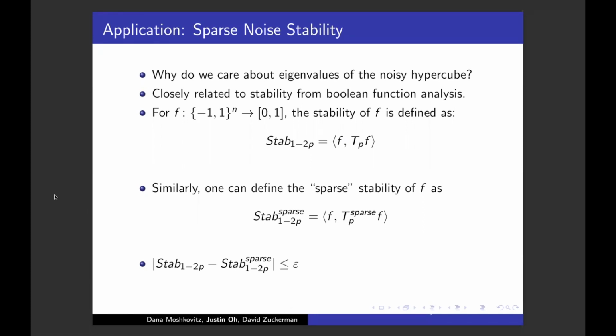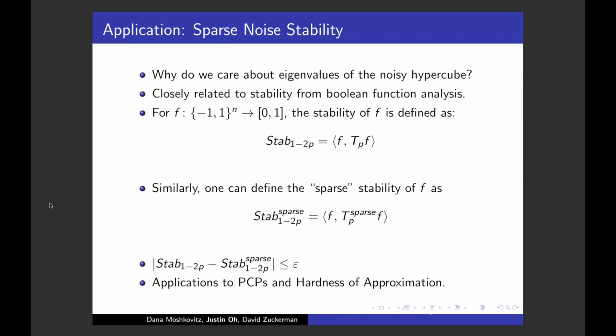And this notion of stability, this original notion of stability, has some important applications in the analysis of certain types of PCPs related to hardness of approximation. And what we are showing here is that these tests that these PCP results use can be approximated using a very small amount of randomness.